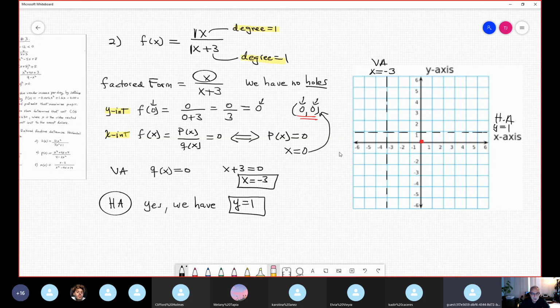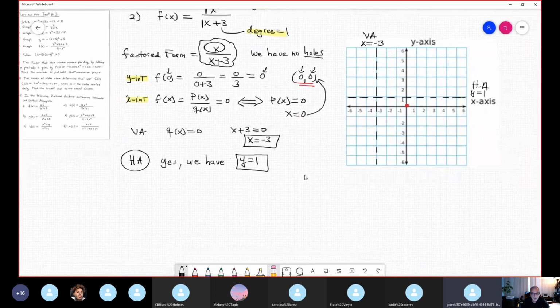Normally we check, just in case, whether the curve, the original function, crosses the horizontal asymptote or not. To verify that, you take the equation of the function, x over x plus 3, and you enforce it to be equal to 1, the value of the horizontal asymptote. And you try to solve this equation.